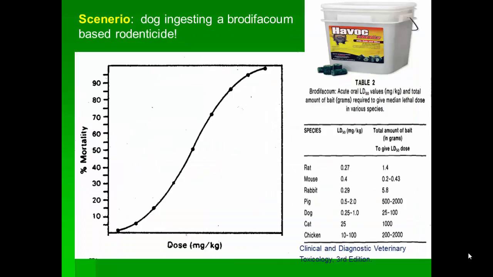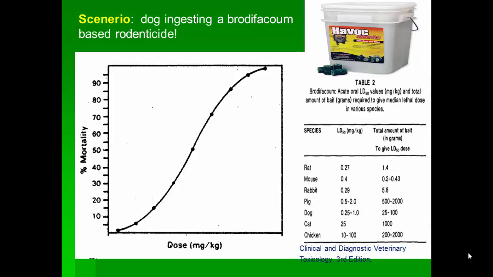Having said this, let's now look at a hypothetical scenario on how to use the LD50s to interpret whether an acute exposure to a pesticide can result in an intoxication or not. Let's assume we have a dog that ingested one of several blocks of the rodenticide Havoc, which contains brodifacoum at a concentration of 0.005%.